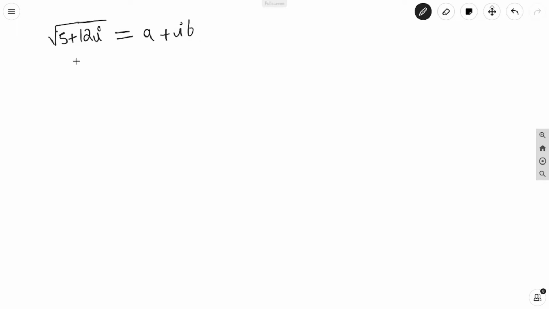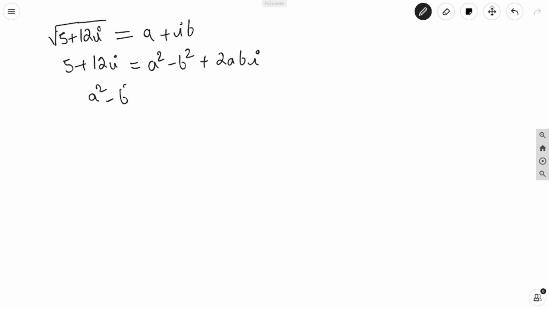Now let us square on both sides. So 5 plus 12 iota will equal a square minus b square plus 2ab iota. Now let us compare the real parts and the imaginary parts.